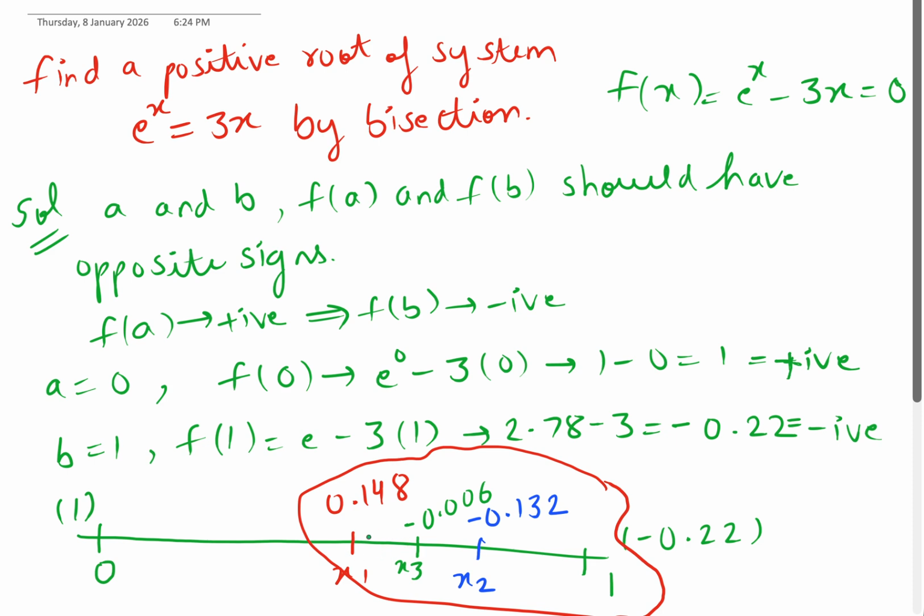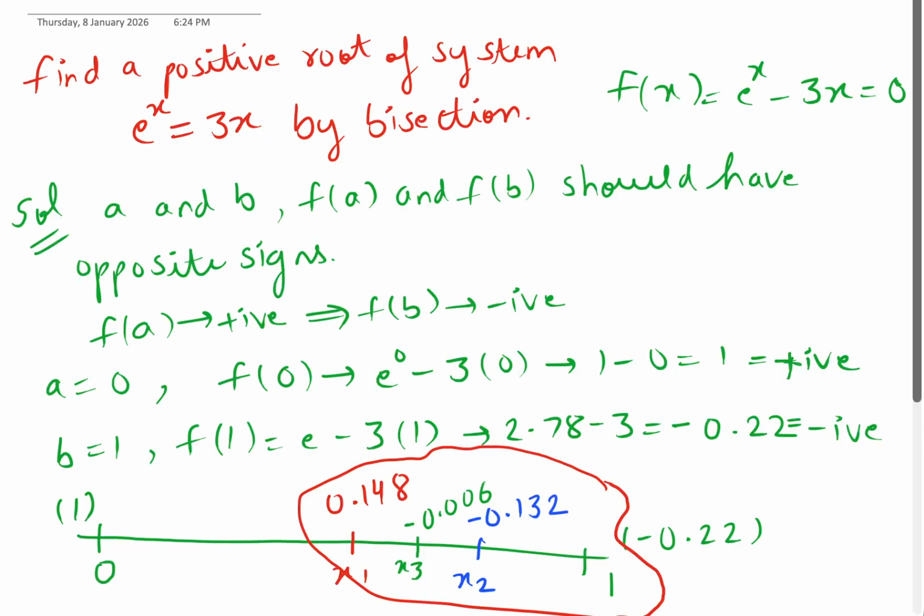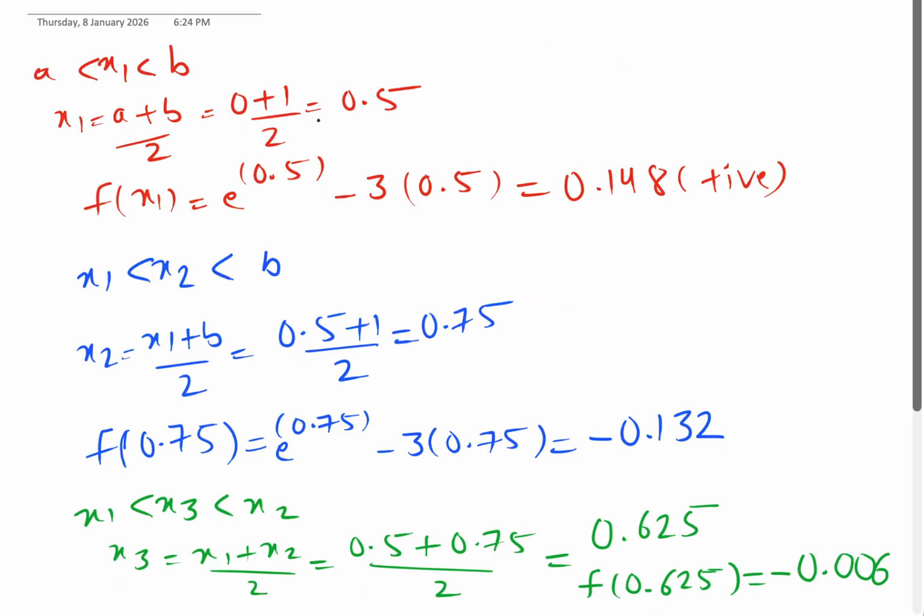Let's find the fourth root. x4 equals (x1 plus x3) upon 2. x1 is 0.5 and x3 is 0.625.